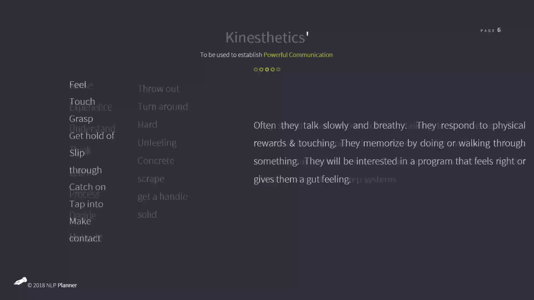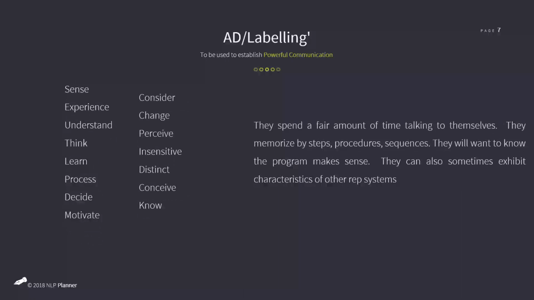And then you have the fourth type of people. So there are people who do not fall in any of the categories or fall into all of these categories, because some people tend to use words from different representation styles. But these people spend a fair amount of time in their own mind.